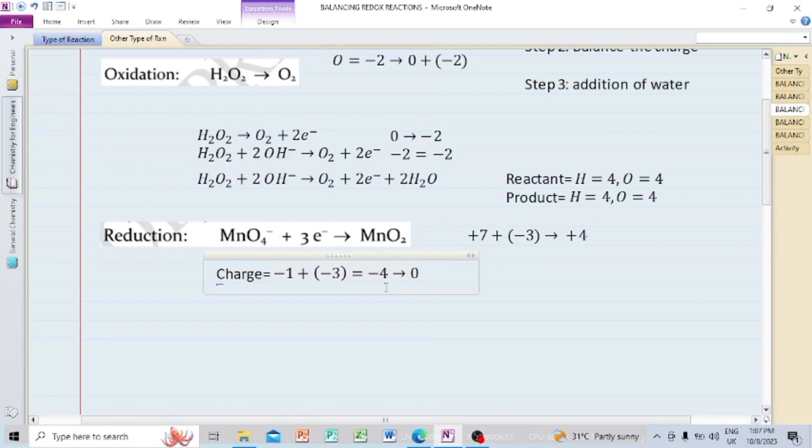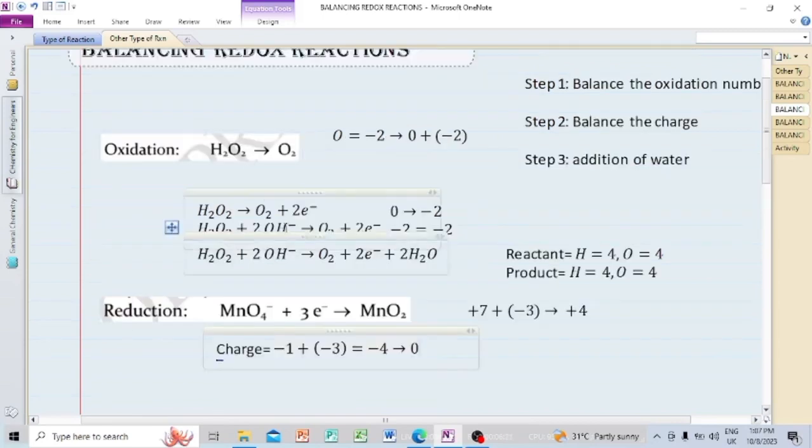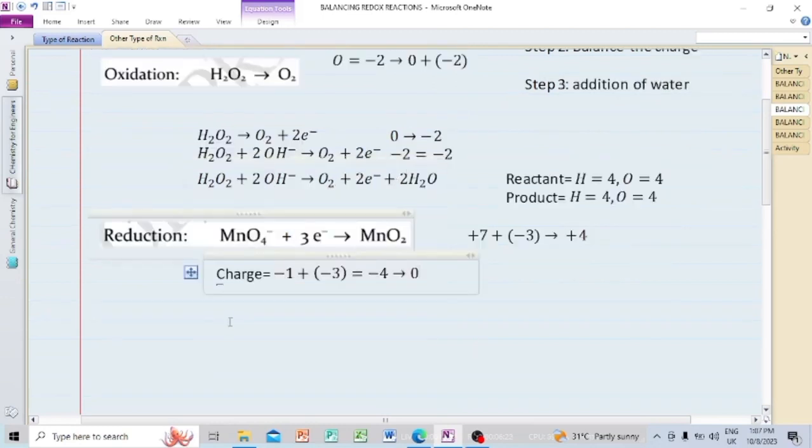In balancing the charge, this is a basic solution. Ang idadagdag natin is, ginawa natin kanina, OH. So this will become MnO4 negative plus 3e negative will produce MnO2.